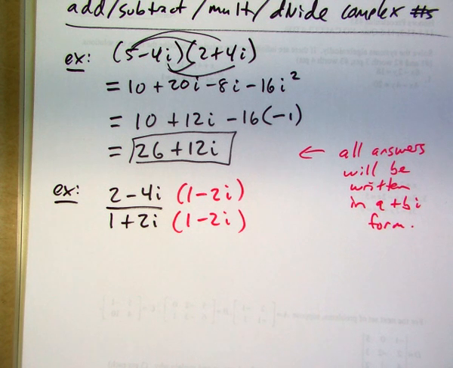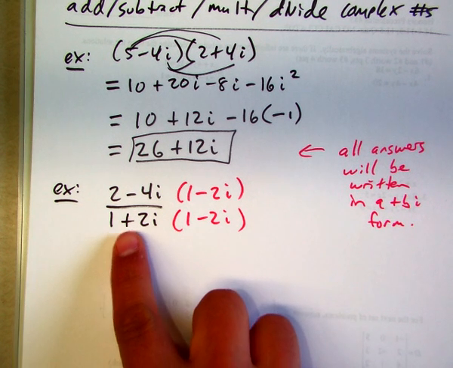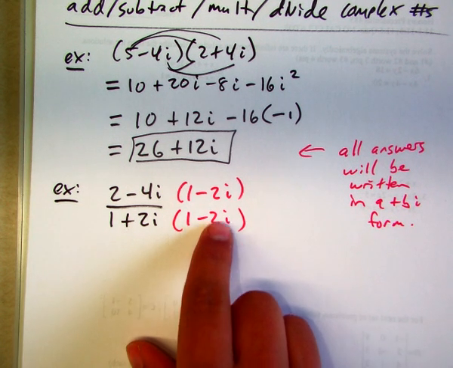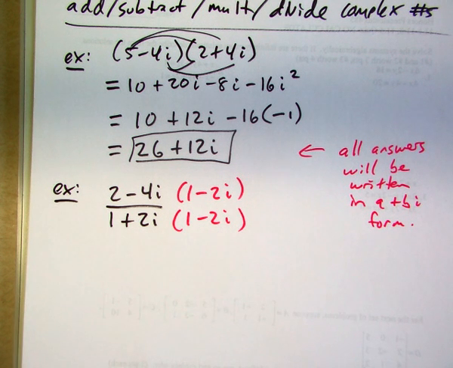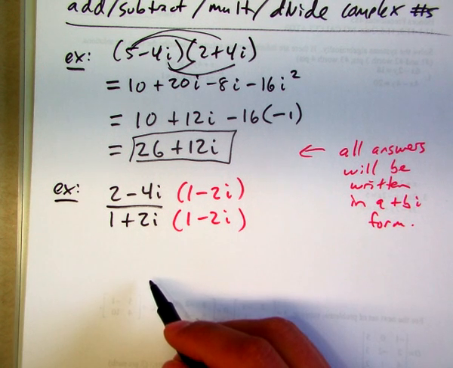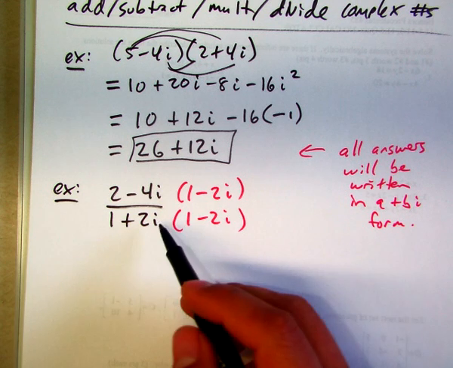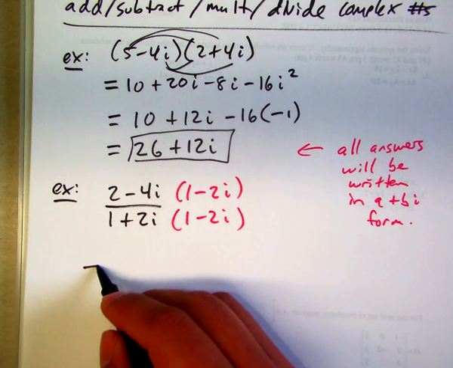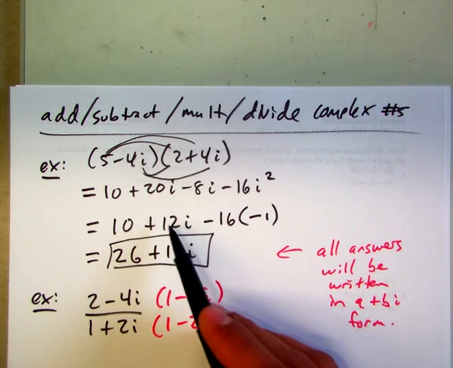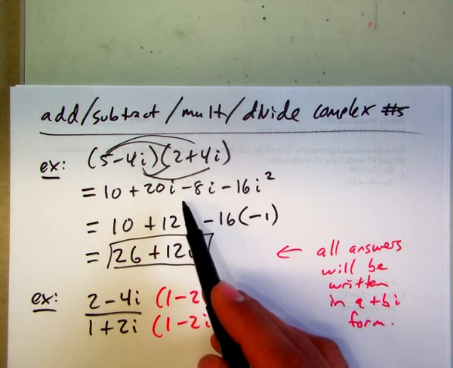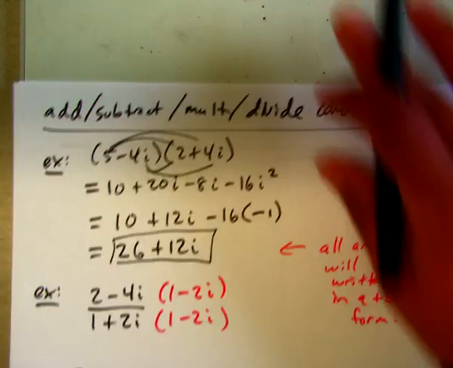So anytime you have division, take the denominator, use the conjugate, multiply it to the top and to the bottom. And anytime you multiply by a conjugate, the imaginary part disappears. Yes, that's the whole point. The middle terms, which will have the i's, would go away because they're going to be identical but opposite.